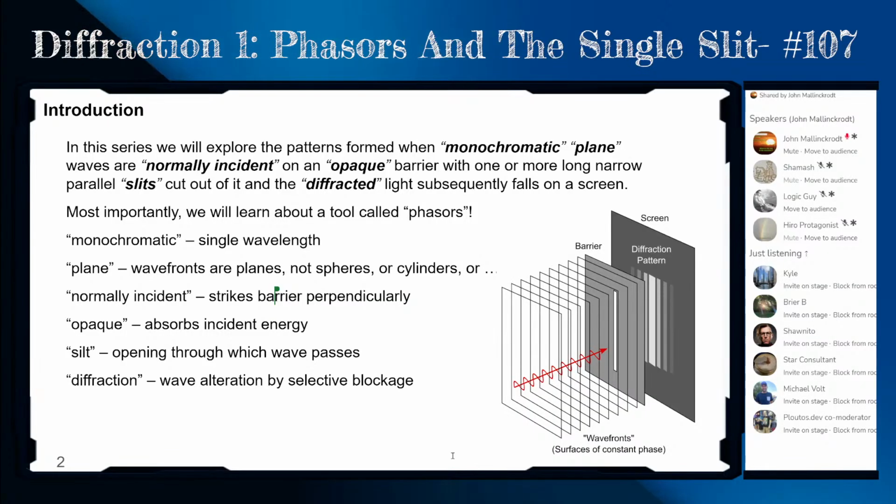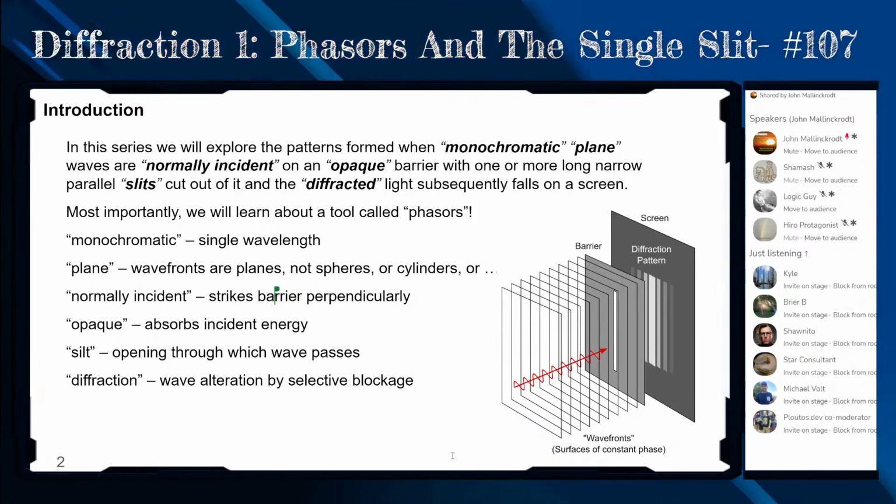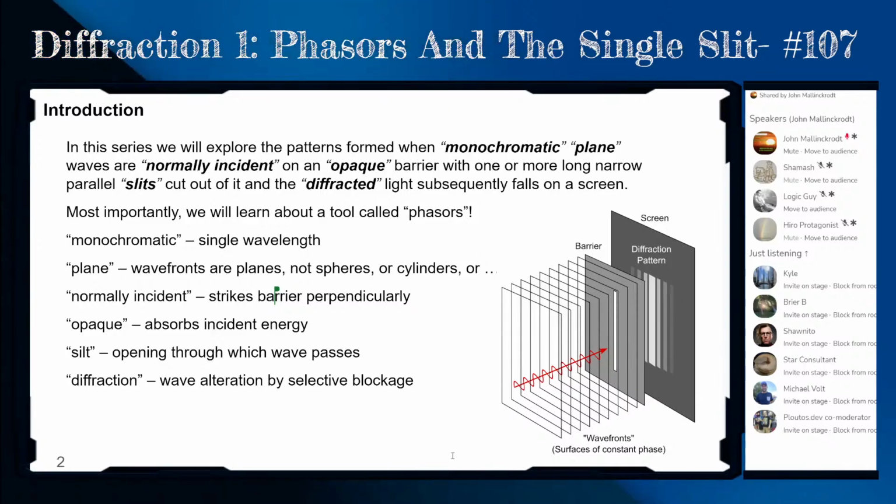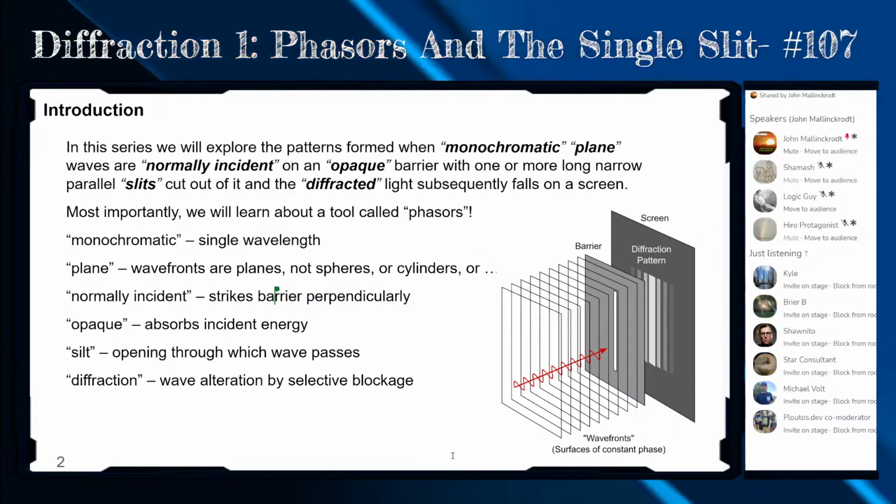But the wave fronts themselves could be troughs. I could draw one of those planes might represent a place where the wave is effectively in a trough. It could be a place where it's halfway between zero and a maximum, whatever. But it's a collection of points on this three-dimensional wave in this case that are all at the same place in the cycle.